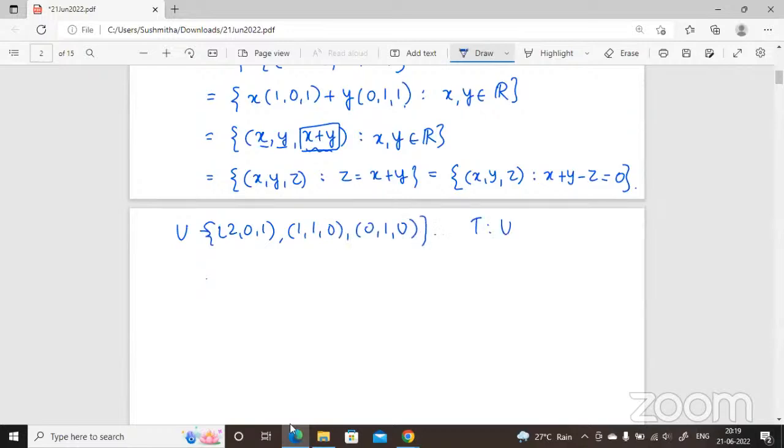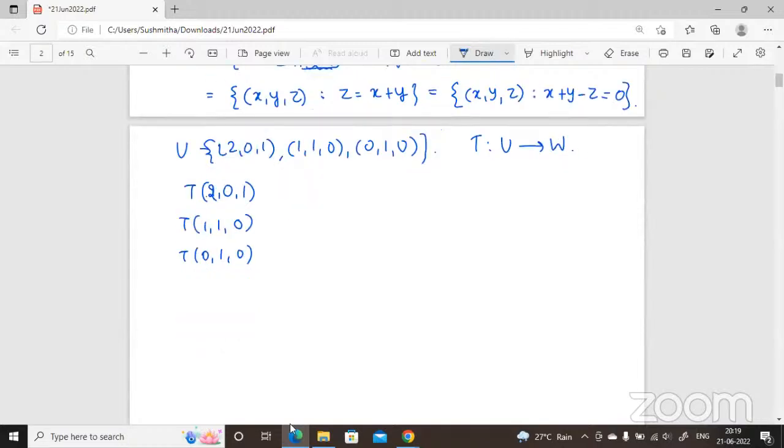And T is from U to W. So if I know T of (2,0,1), T of (1,1,0), and T of (0,1,0), then I know the entire T. Because any element u in U can be written as some alpha times (2,0,1) plus beta times (1,1,0) plus gamma times (0,1,0).